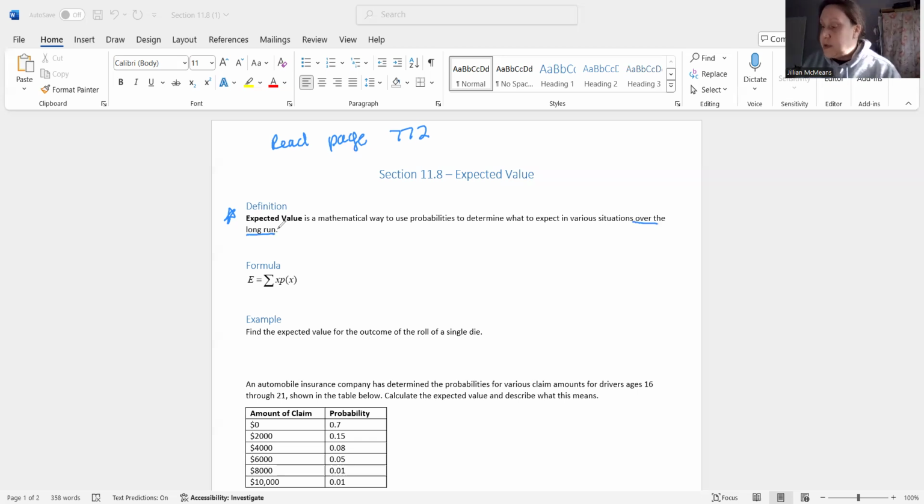Now, the standard way to calculate this, I'm going to put it right here. To calculate, multiply outcomes by their probability, and then add them up.